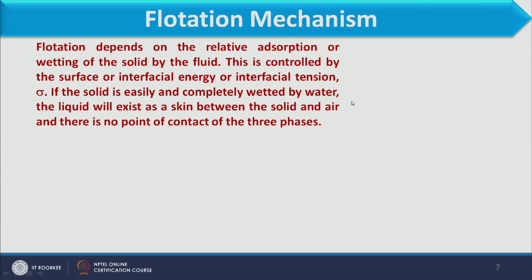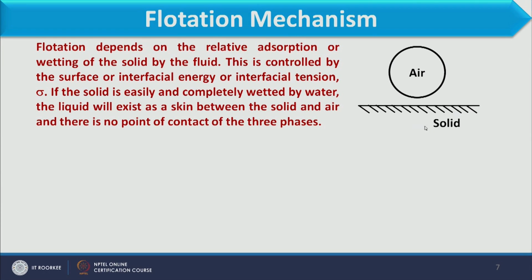If the solid is easily and completely wetted by water, as you see in this figure, here we have the solid and this is the air bubble, and in between there is a water layer. The liquid will exist as a skin between solid and air, and there is no point of contact of the three phases.